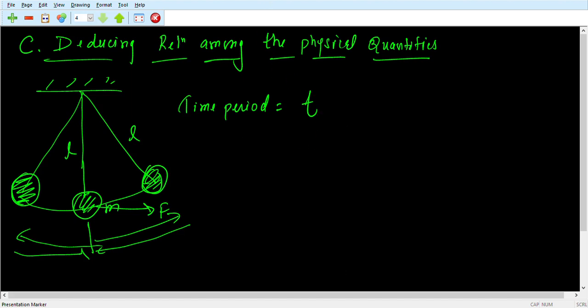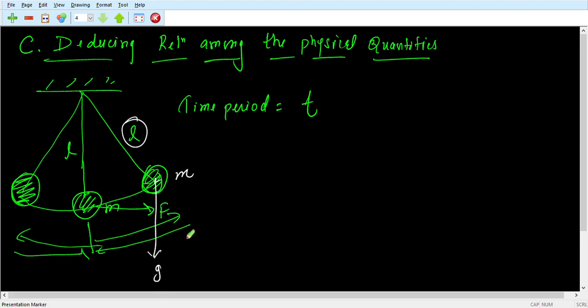Let us suppose I am smart enough to make guesses. Let me predict that this time period depends upon the length, as well as the mass of the bob, and because acceleration due to gravity already acts in the downward direction, it will depend upon the acceleration due to gravity also.